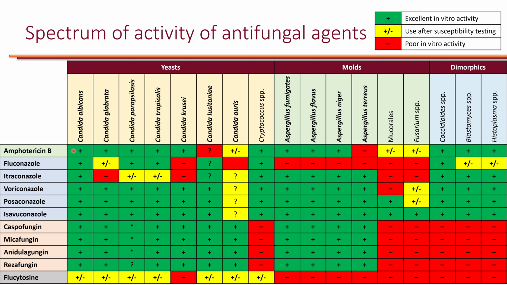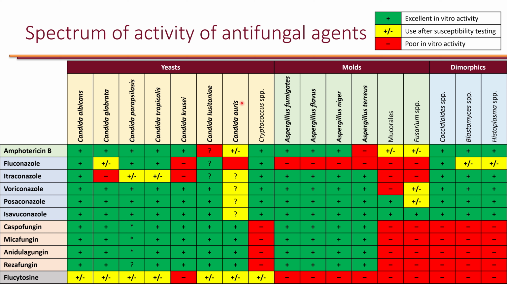So pretty much amphotericin B has very good activity against most of these, except it doesn't have good activity against Candida lusitaniae, which is historically. Some reports say that it actually might have activity against lusitaniae, but most sources, and especially classically, we say that amphotericin B is inactive against lusitaniae.